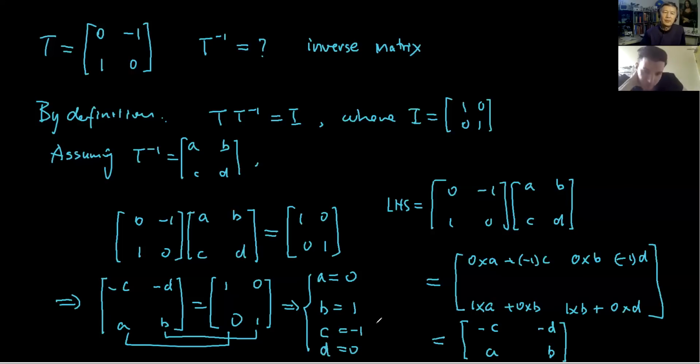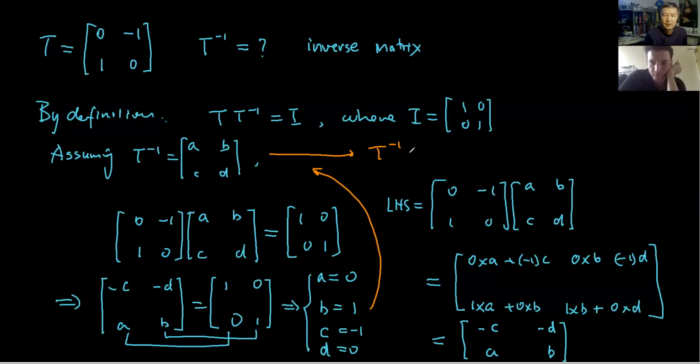In this way we substitute that into that one, so we can obtain the inverse: A is 0, D is 0, B is 1, C is -1. I see, we are getting there.